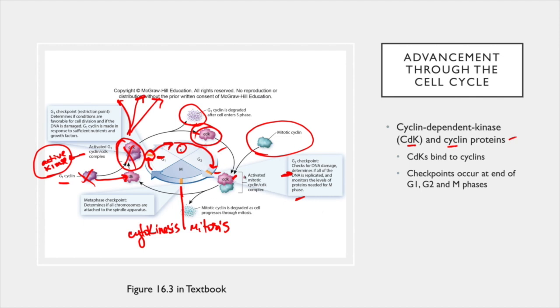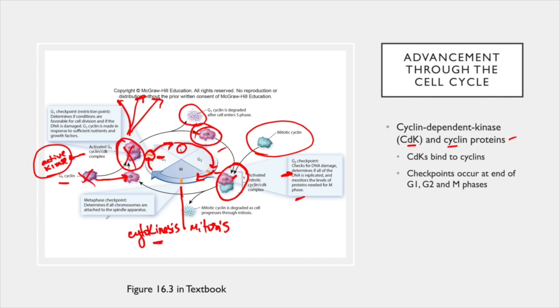Once we reach that threshold of CDK mitotic complex, this kinase, we kick into the M phase and mitosis occurs. In mitosis, we have a division of the nucleus. At the end of nuclear division and prior to cytokinesis, we have the metaphase checkpoint.